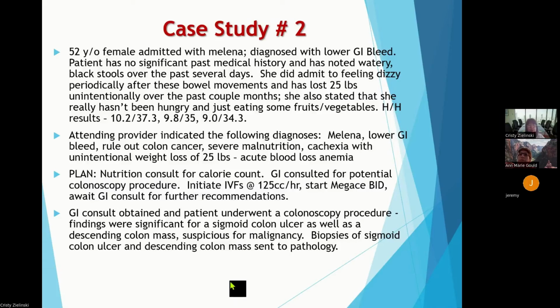Plan is for nutrition consult for calorie count, GI consult for potential colonoscopy procedure, initiate IV at 125 per hour, start Megace BID, await GI consult for further recommendations. GI consult obtained and patient underwent colonoscopy procedure. Findings were significant for sigmoid colon cancer as well as descending colon mass, suspicious for malignancy. Biopsies of the sigmoid colon ulcer and descending colon mass sent to pathology.